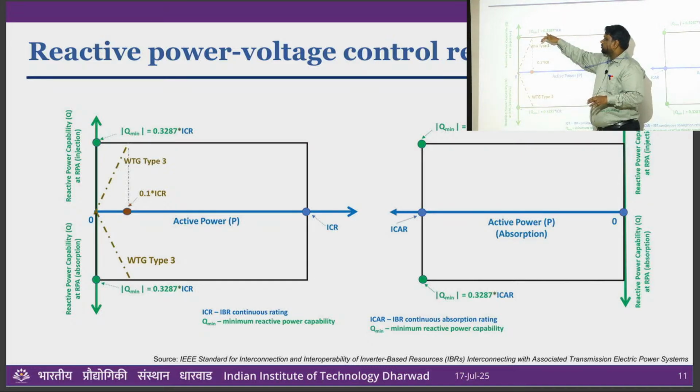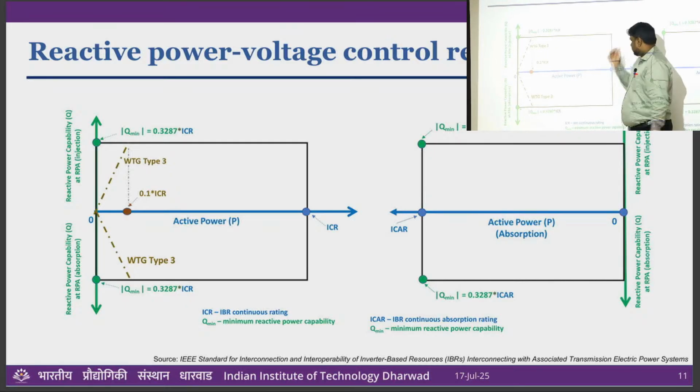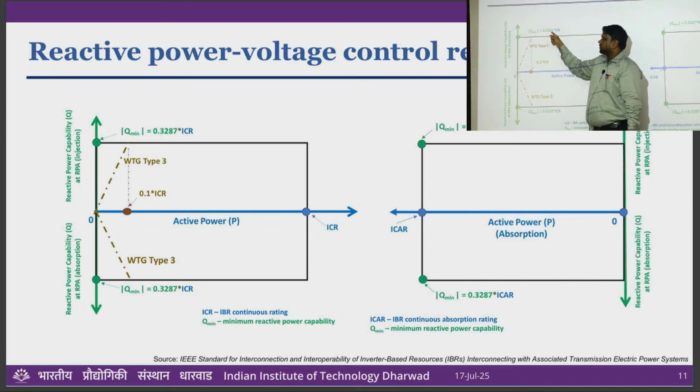Minimum reactive power should be 0.3287 times whatever active power you are maintaining. Let's say my plant is 5 megawatt. So 5 megawatt times 0.3287, that is my Q min. Or if it is a battery, it can also absorb, that is my Q min in the negative Q. So that you have to maintain.